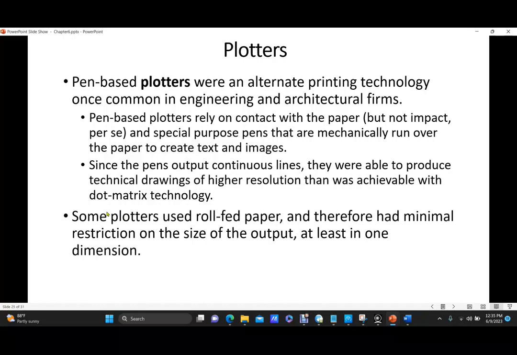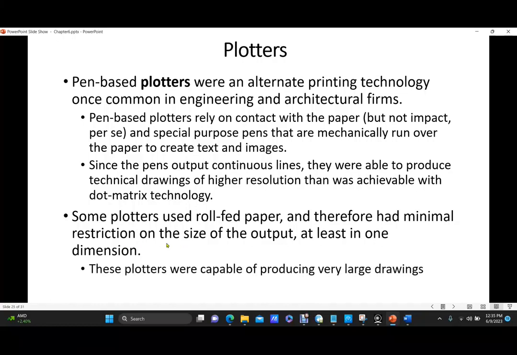Some plotters used roll paper and could make very, very long documents, limited in width, but unlimited in length. So they're capable of producing very, very large drawings.